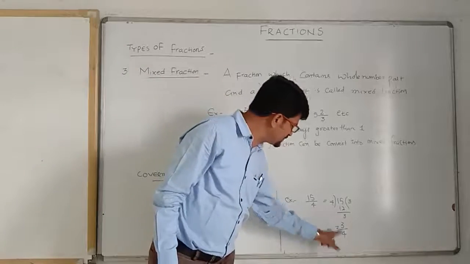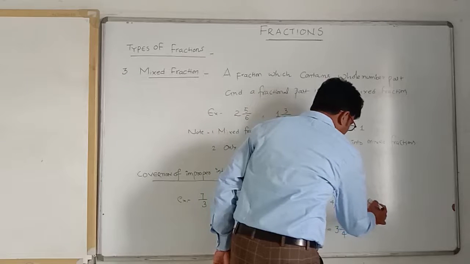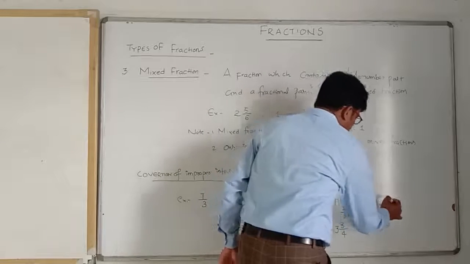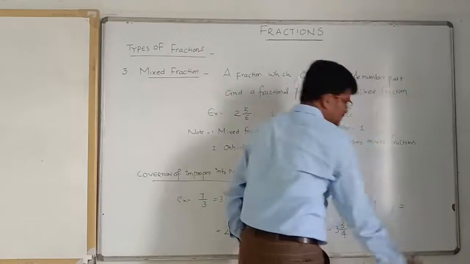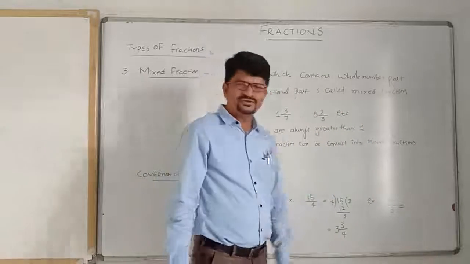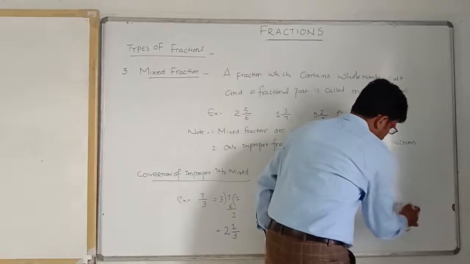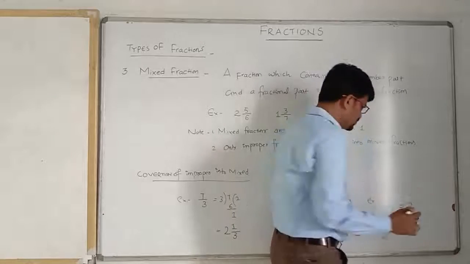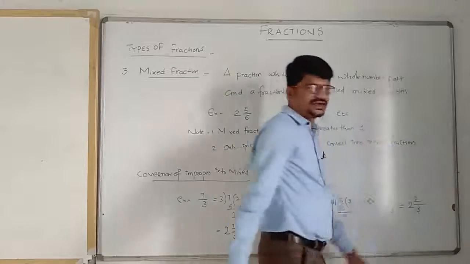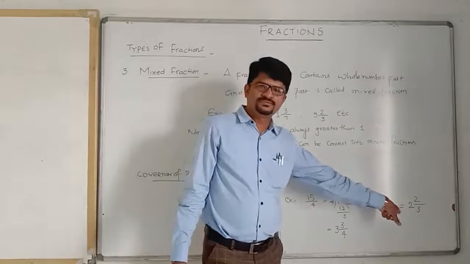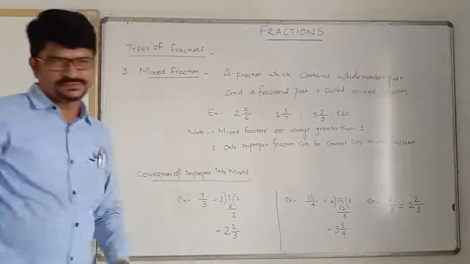So 3 and 3 by 4 is nothing but 15 by 4. Children, as you are grown up, you must do it directly. You can write directly: divide by 3, 3 twos are 6, 8 minus 6, remainder is 2. The remainder is used as the numerator, directly without doing the division. Okay, now write this.